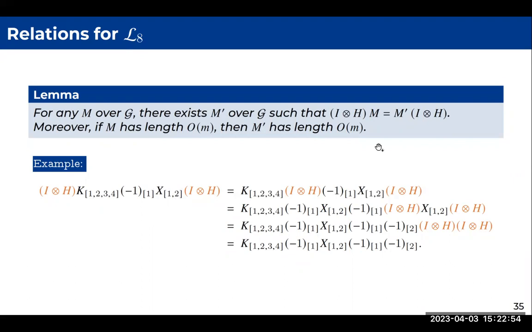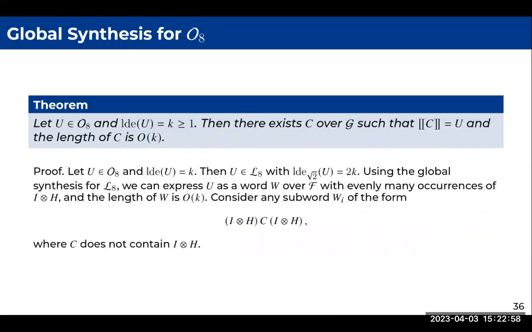So this is the reason behind it. Together we can combine the synthesis of L8 and the pushing that we just mentioned to define a global synthesis for O8 that only takes OK gates to exactly characterize it. And this is described here, which I actually just explained.